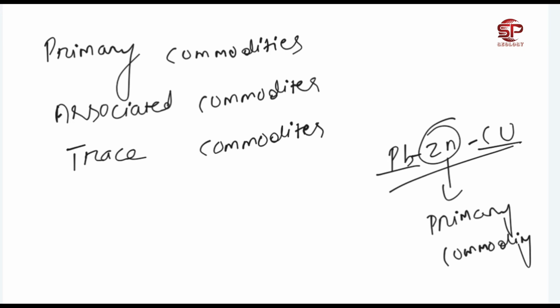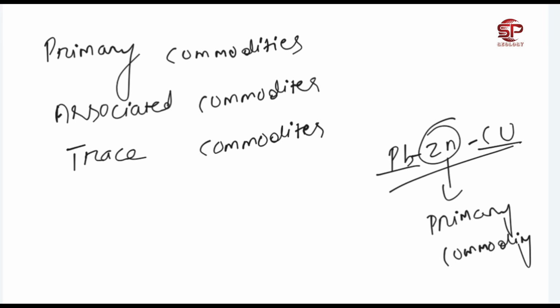Pb and copper are associated commodities, because these mines are established on the basis of main product and byproduct. The main product is Zn, and the byproducts are Pb and copper.